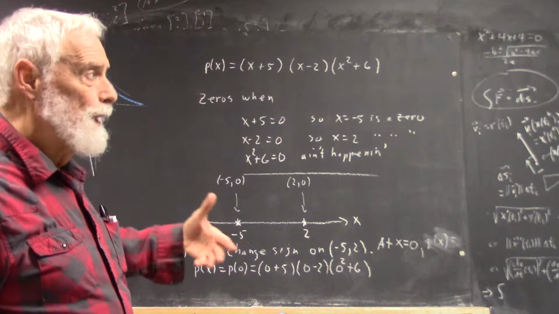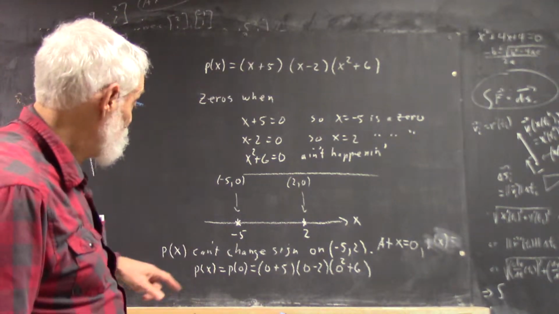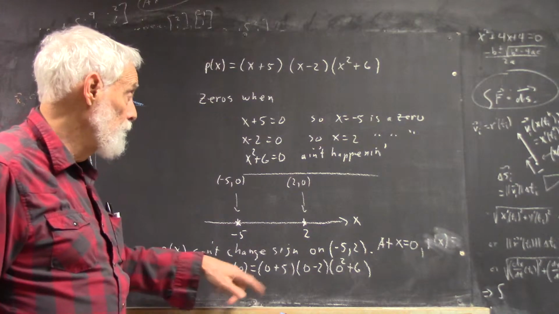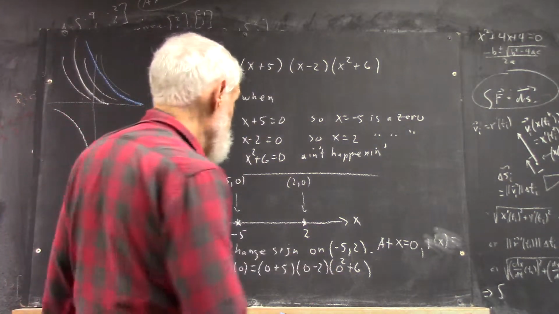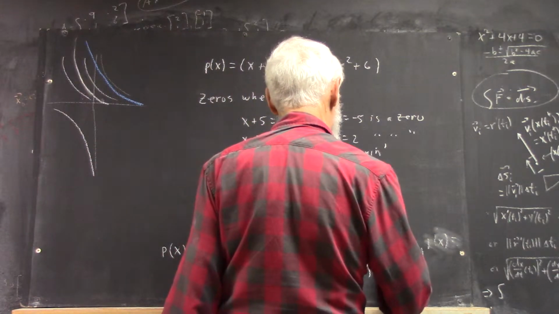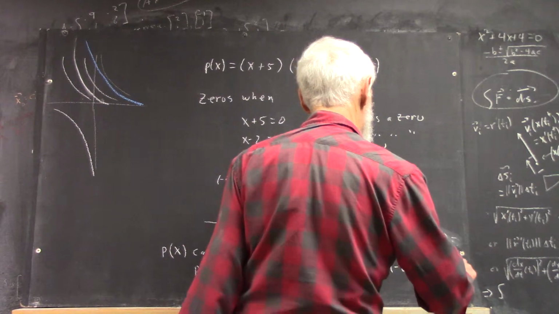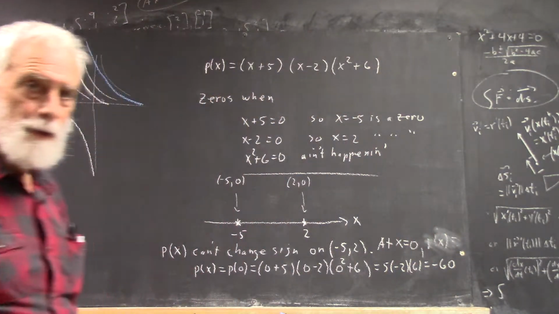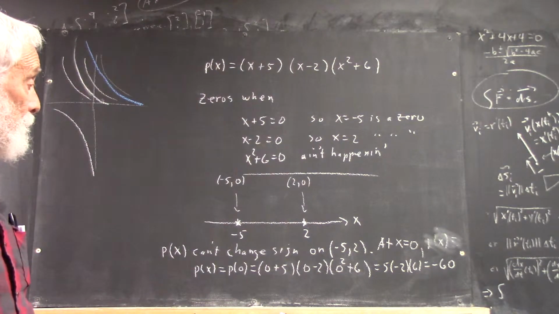But if you write it out a couple of times, you're not going to need to much anymore. You'll see what happens. So P of x equals P of 0. You plug 0 in for x. You get 5 times negative 2 times 6, which is negative 60. Okay? Now what conclusion do you draw?